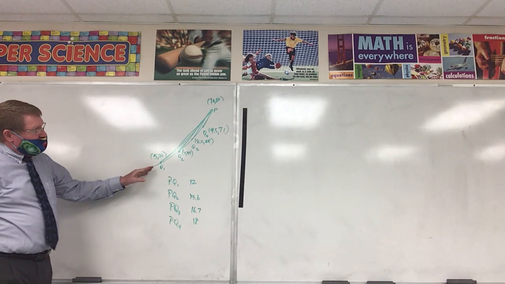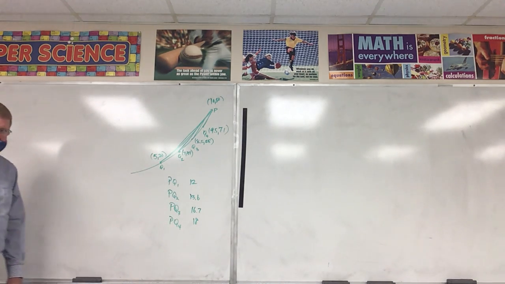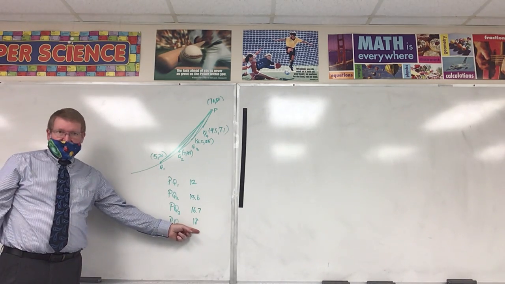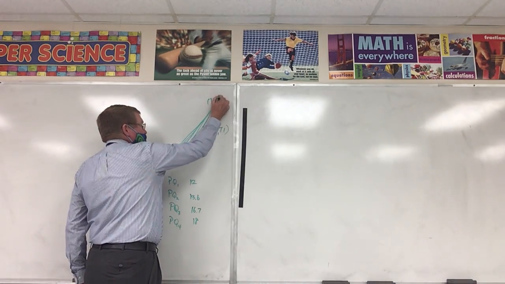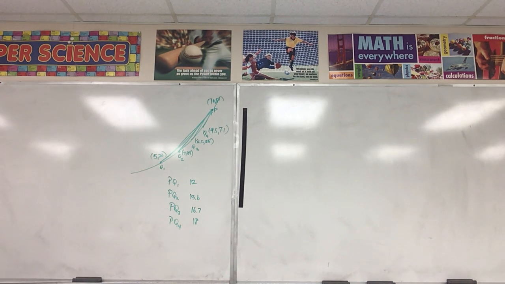So you notice as we get closer and closer to P, my slope keeps getting bigger. It's 18. So what do you think my slope at P would be? 18.